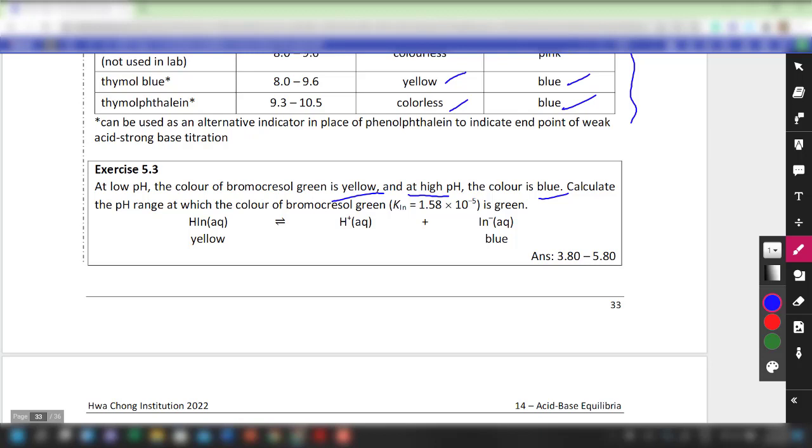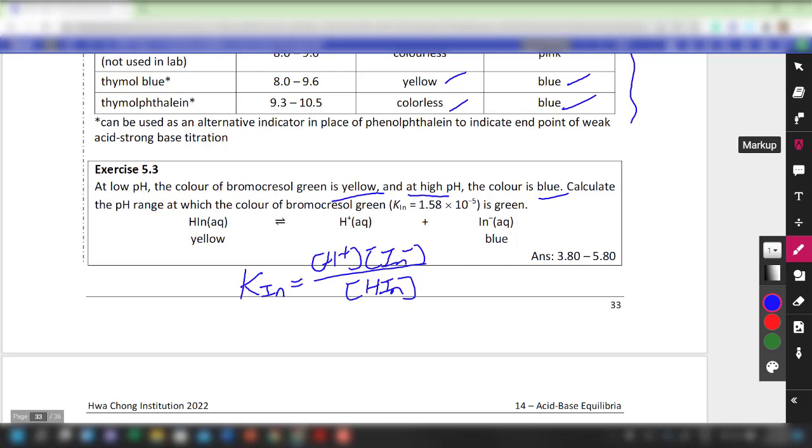So what we can do now is write K of indicator. This would be [H+][In-] divided by [HIn].